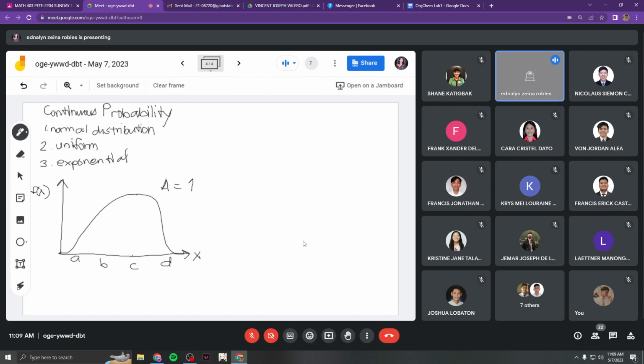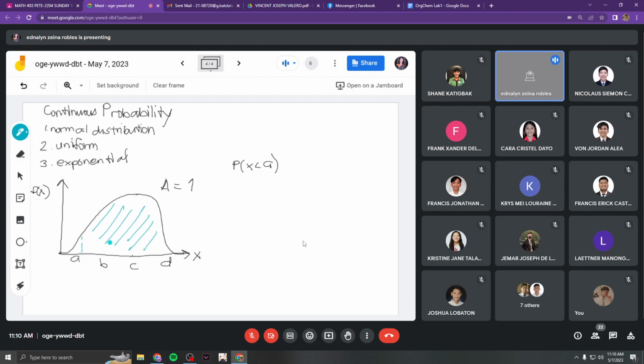And if we want to get, for example, the probability of x is greater than A, what is the probability if x is greater than A? So this is our A. Meaning to say, this will be our shaded region.